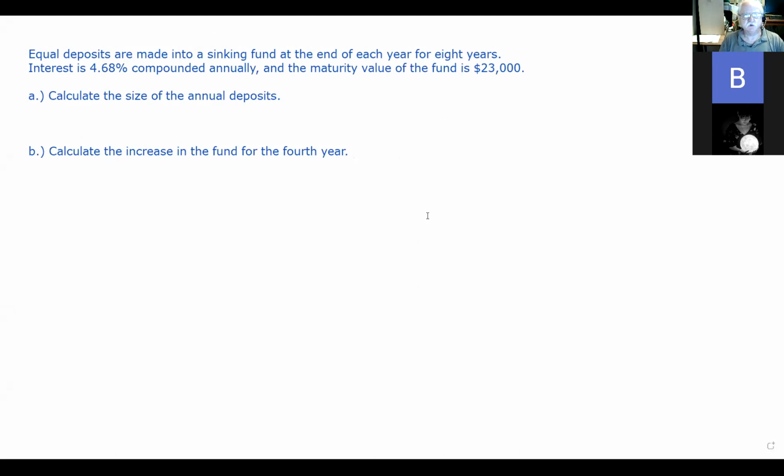So equal deposits are made into a sinking fund at the end of each year for 8 years. Interest is 4.68% compounded annually, and the maturity value of the fund is 23,000. So what do we need to do here?